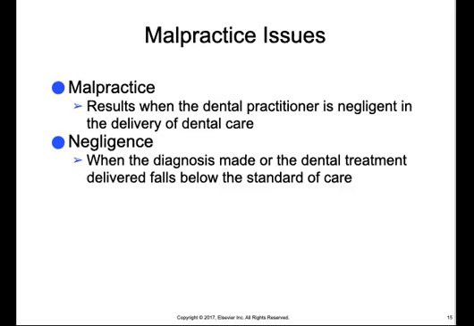So malpractice results when the dental practitioner is negligent in the delivery of dental care. And negligence is when the diagnosis made or the dental treatment delivered falls below something called the standard of care. So the negligent care may result from the action of or lack of action of either the dentist or the dental auxiliary.